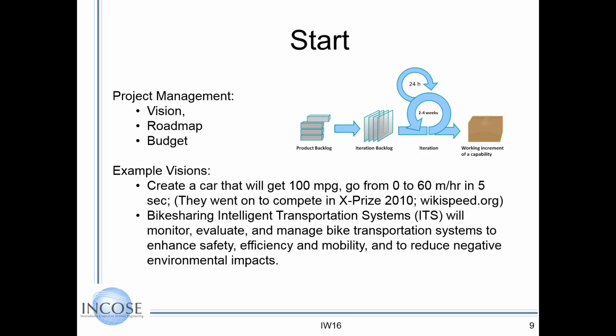Examples of visions is Wikispeed. It's a project that Joe and he wanted a prize to build a car and applied these concepts today on really designing a car and competing in this.